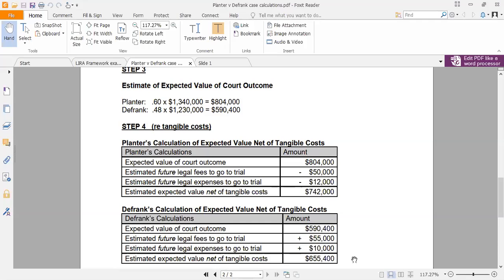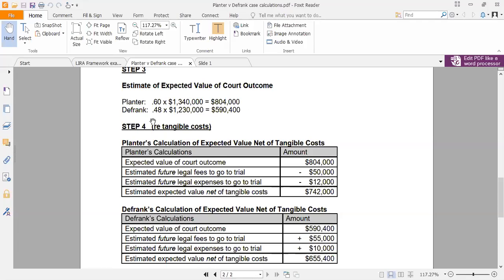And you want to estimate the expected value of the court outcome. So in step 3, you have 60%, which we saw before, times $1.34 million. And the net expected court outcome by the plaintiff is $804,000. The $1,340,000 assumed a certainty of winning, but plaintiff assumes that there's only a 60% chance of winning, so you discount the $1.34 million by the 60% to get the $804,000.